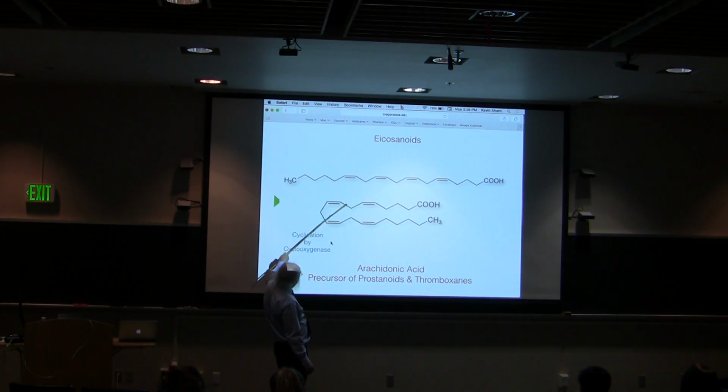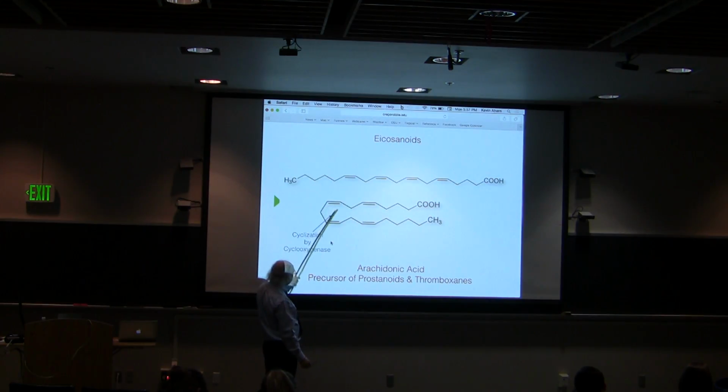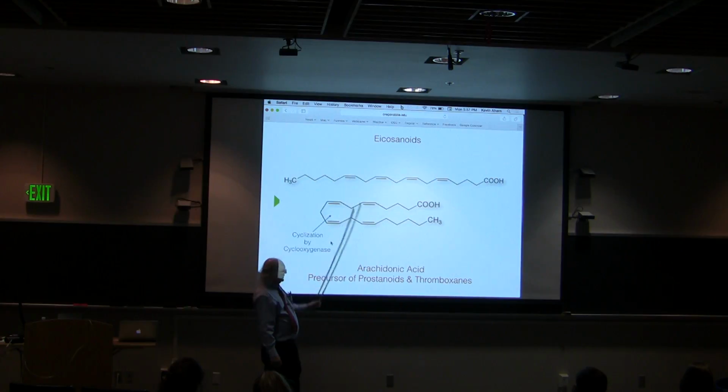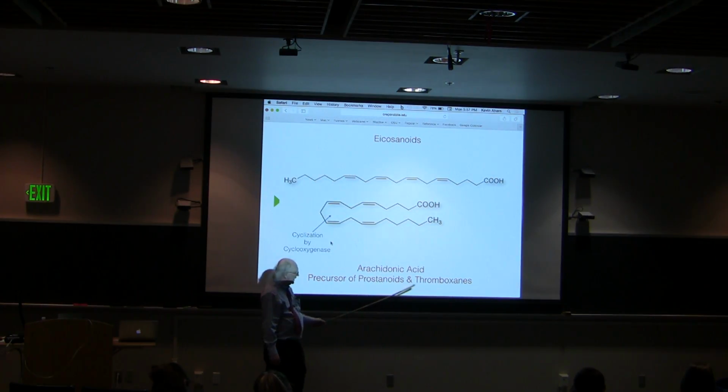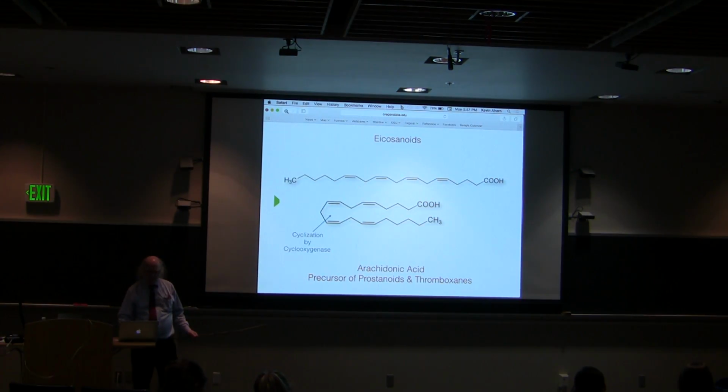In prostaglandins, these two things are joined into a ring structure, and an oxygen is added, and that's a reaction catalyzed by a cyclooxygenase, making a ring, the cyclo part, and the oxygenase adding the oxygens to that. Eicosanoids include things like prostanoids, which are the prostaglandins, and thromboxanes, as we'll see in the next figure.